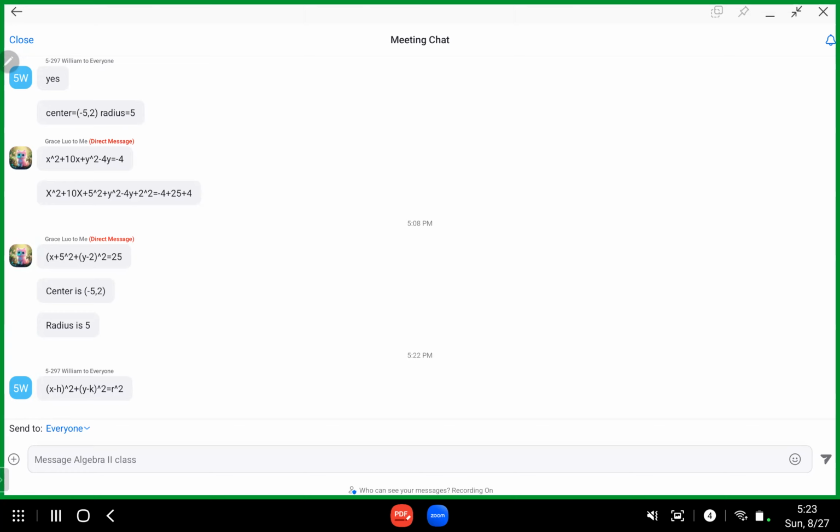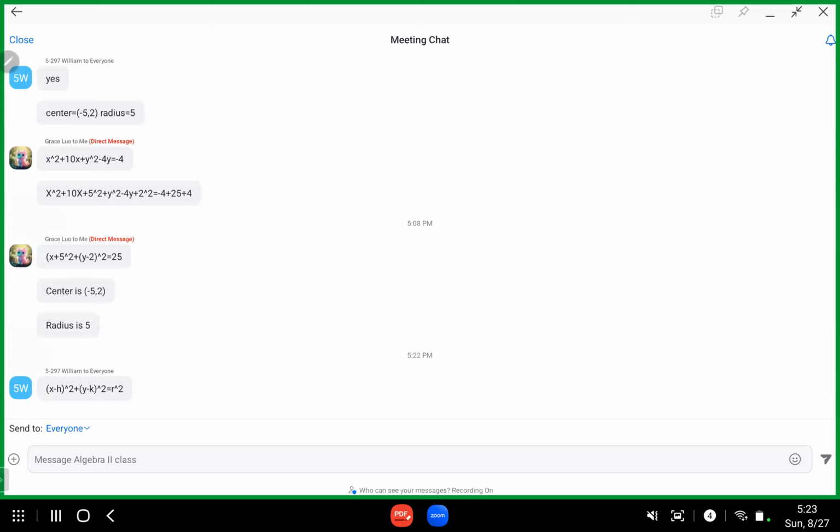So who can tell me what the distance formula is? It's basically the distance between 2 points on a graph, right? You can find it if you draw a triangle and use the Pythagorean theorem.